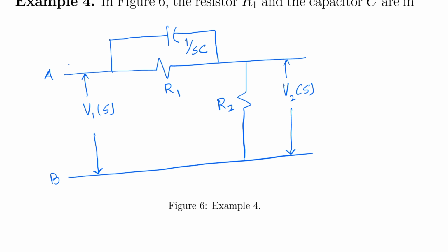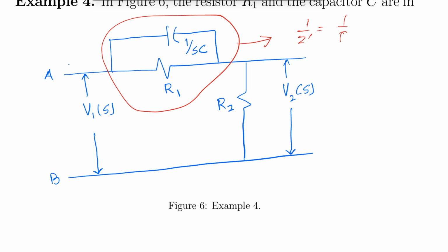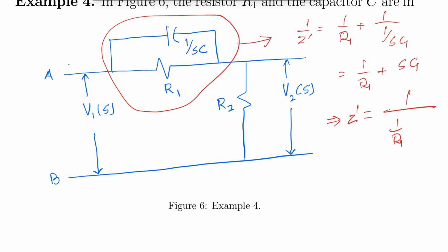So if Z dash be the equivalent impedance of these two in parallel, then we have 1 upon Z dash is 1 upon R1 plus 1 upon 1 upon SC, equal to 1 upon R1 plus SC, and therefore Z dash is 1 upon (1 by R1 plus SC), or this is equal to R1 divided by 1 plus S R1 C. And therefore the impedance between the points A and B is equal to Z dash plus R2.